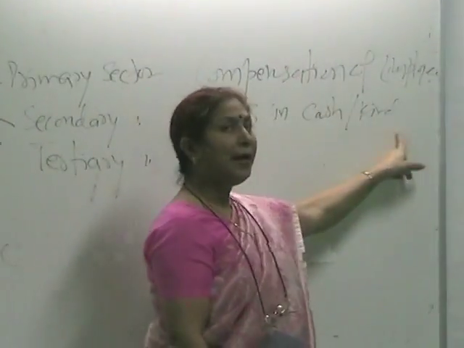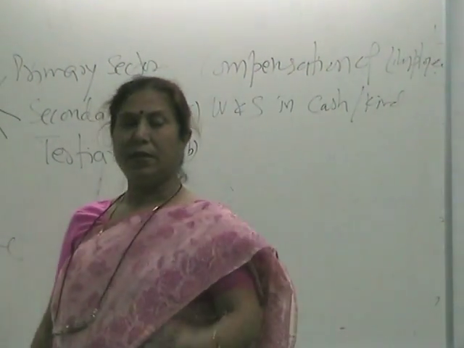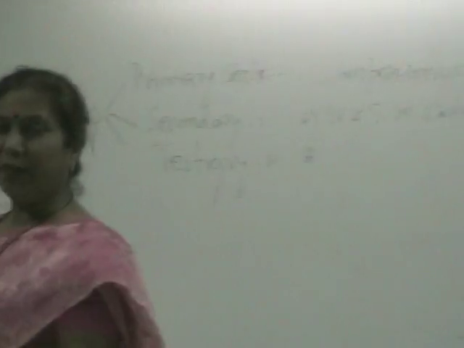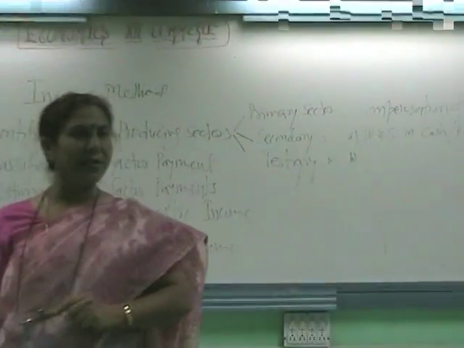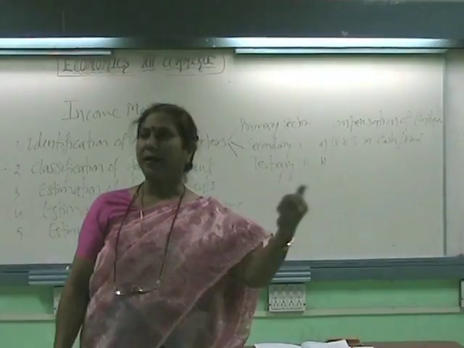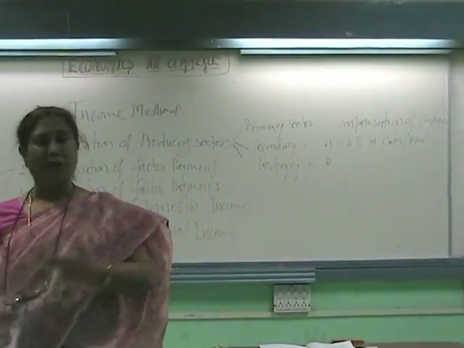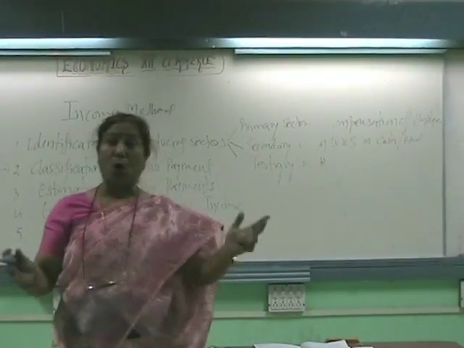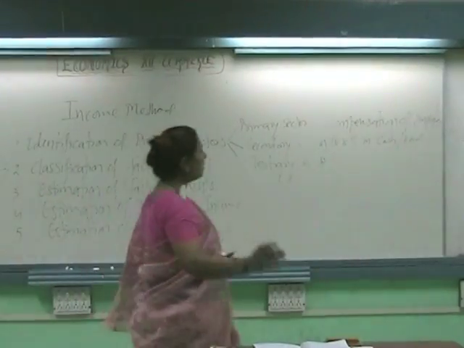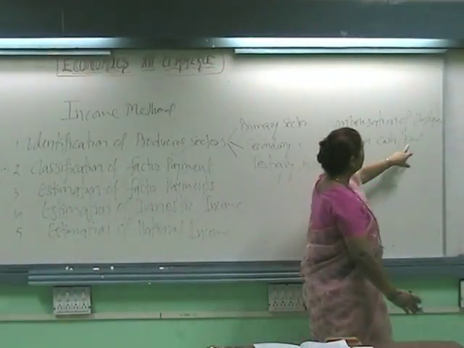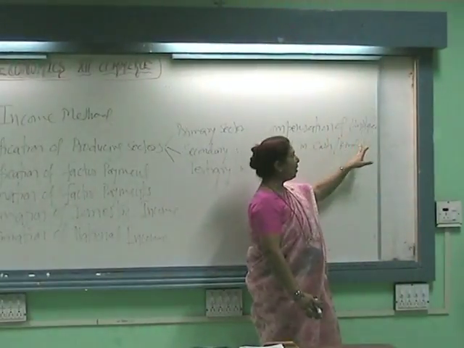But in kind means they have medical facilities, residential facilities, educational facilities, canteen facilities, recreational facilities, or transport facilities. So all these facilities are the compensation of employees in terms of kind.